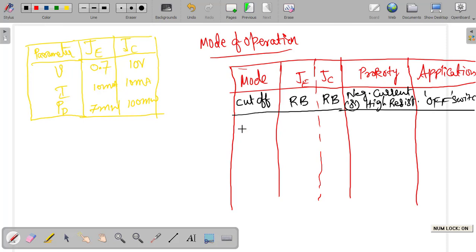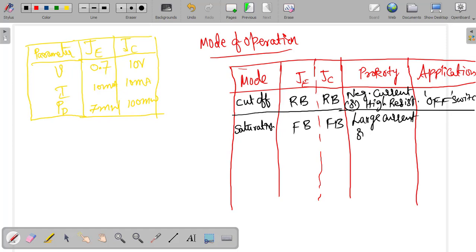Now next one, saturation. What is saturation? In saturation, your junction E is forward bias, and the collector junction will also be forward bias. As forward bias is nothing but a short circuit, there will be a large current flowing.